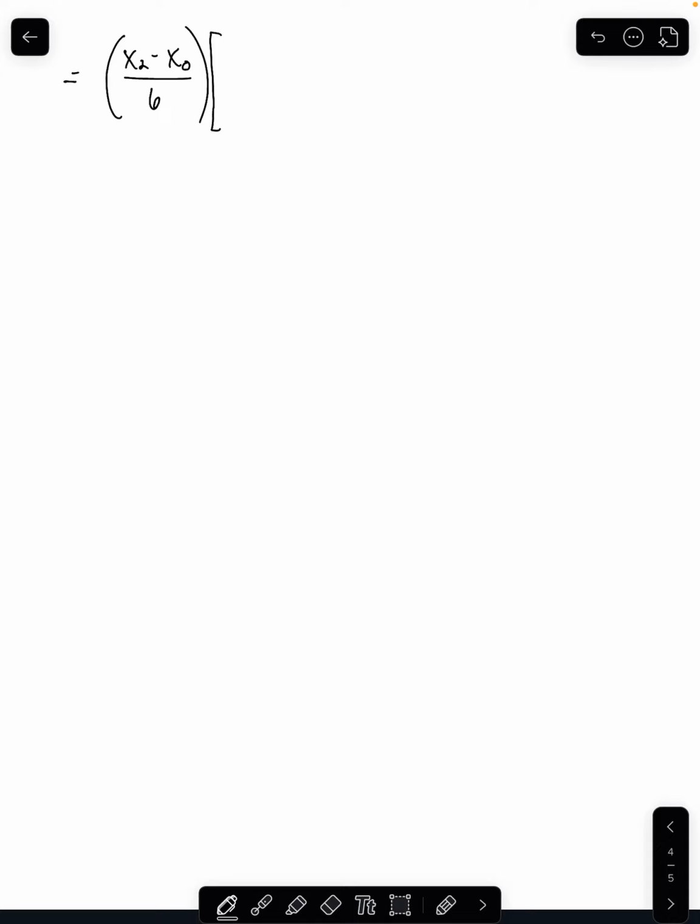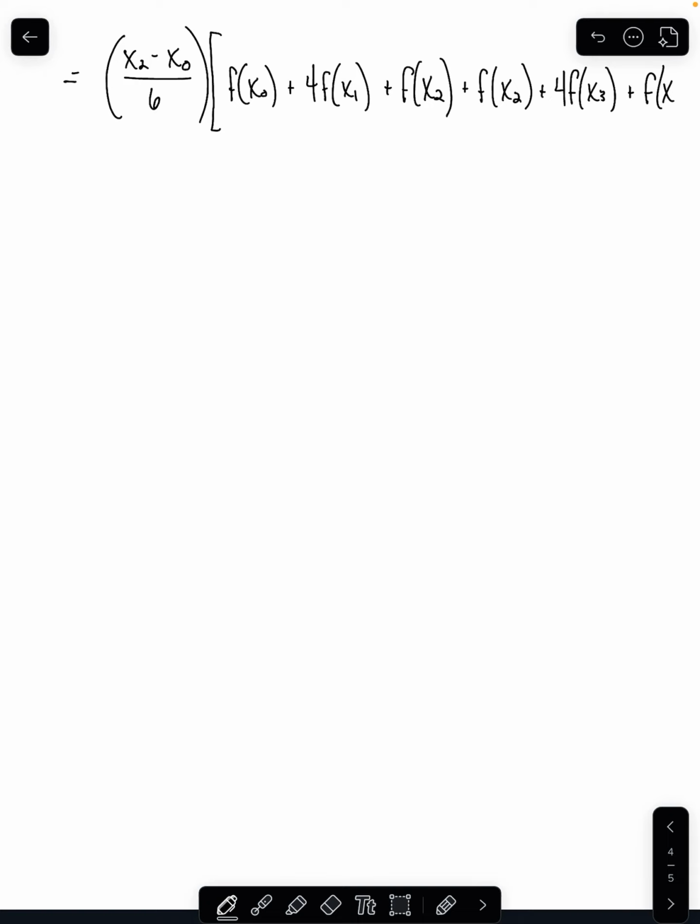And then we're going to have f of x sub 0 plus 4 times f of x sub 1 plus f of x sub 2. That's from the first three terms. And then we're going to have another f of x sub 2 plus 4 times f of x sub 3 plus 1 f of x sub 4.